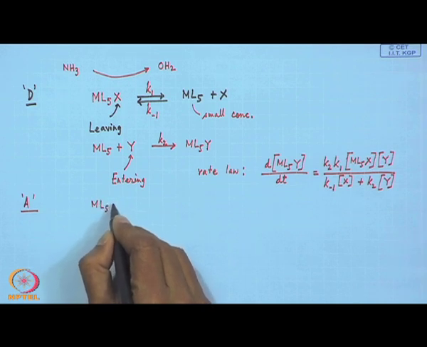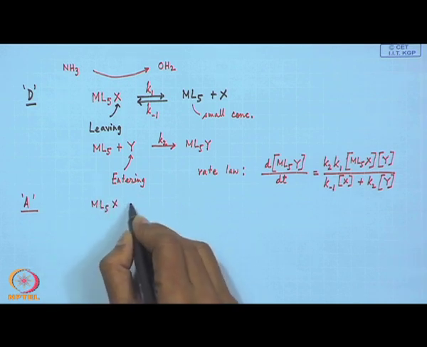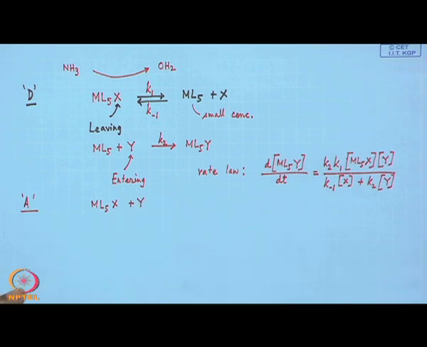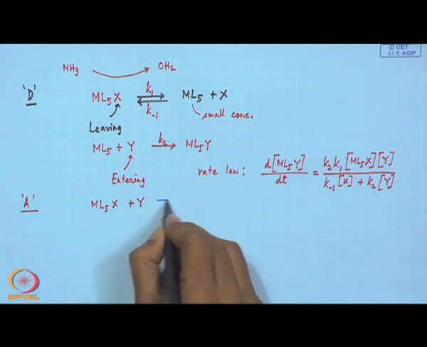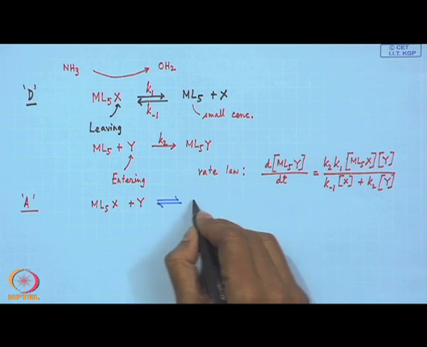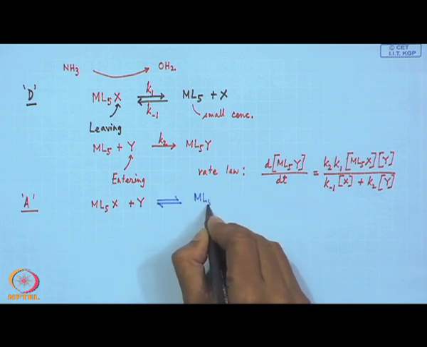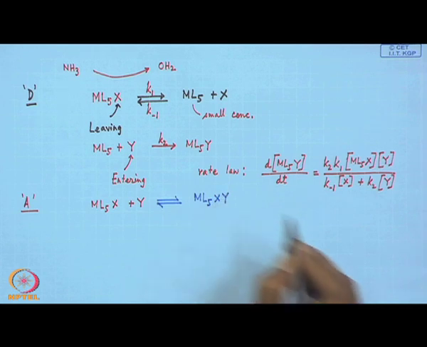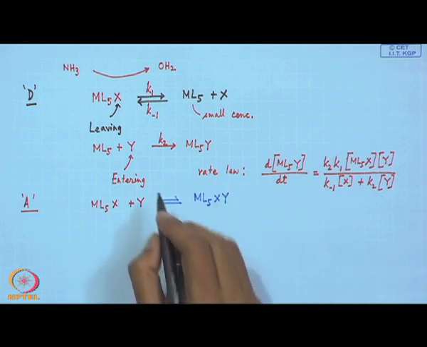ML5X is reacting straightway with Y, and both way reaction can give rise to ML5XY, that means the associated form.